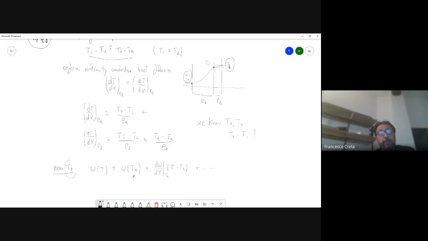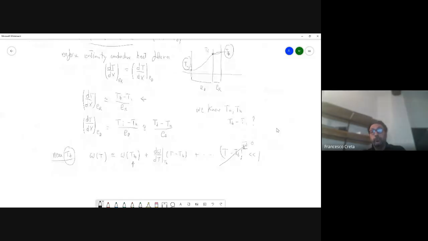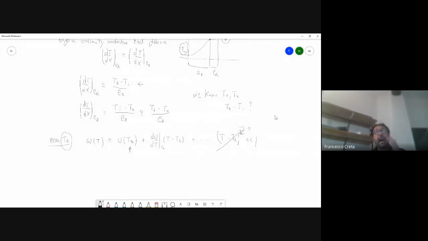So when you're near the value of TB, things like T minus TB squared or higher are very small, so you can neglect them. And remember that Ti, the ignition temperature, is very close to Tb, and so we can use this to actually solve for Tb minus Ti.